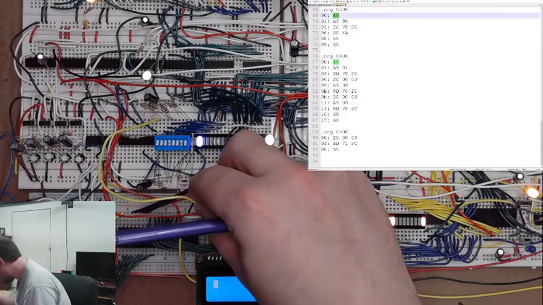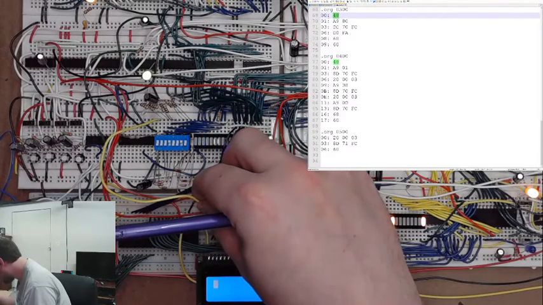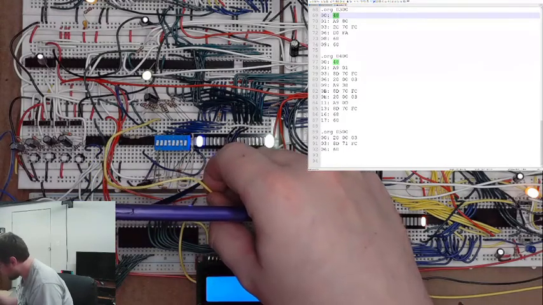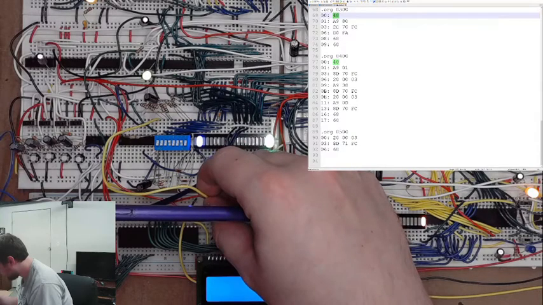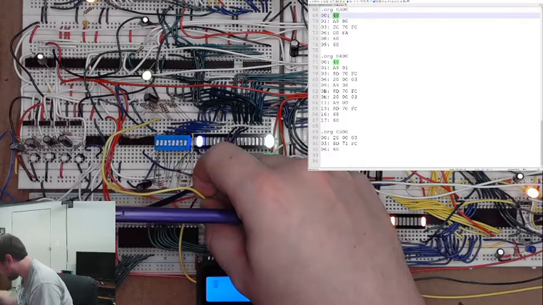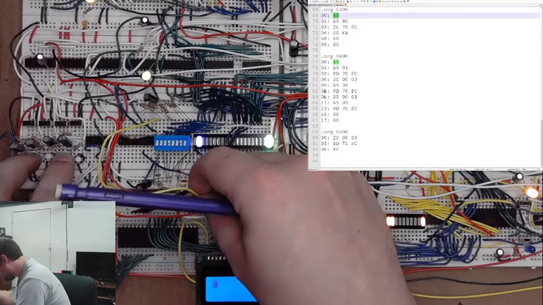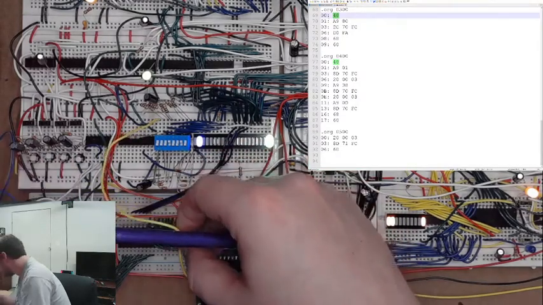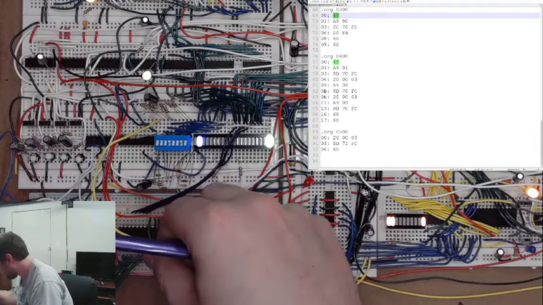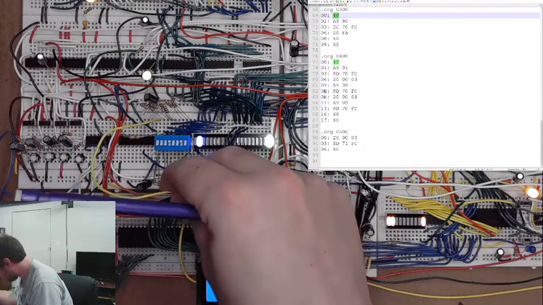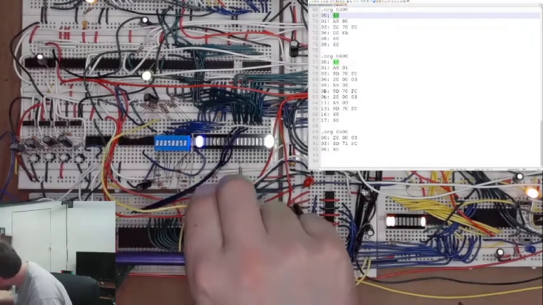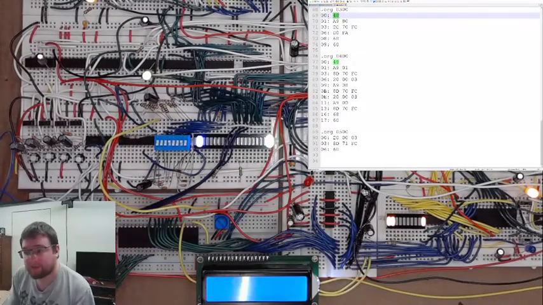What happens if I just force it? I can't force it because the CPU's there pulling things down already, and I can't pull them up. That makes sense. Yeah. Yep. So I have to go in and do the whole rigmarole to get this to work.